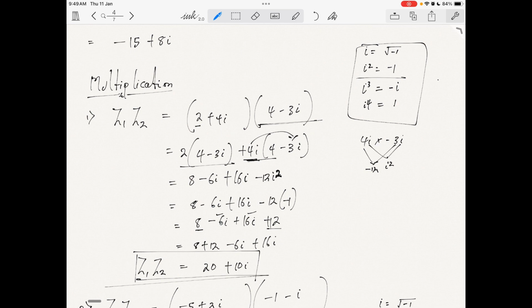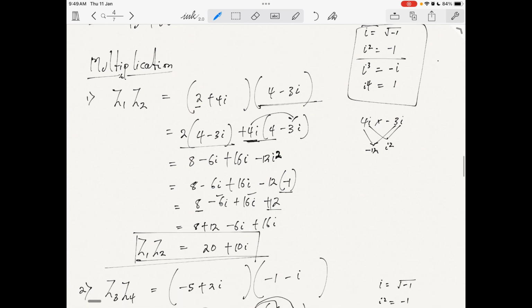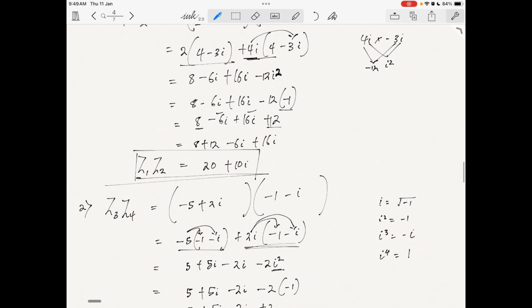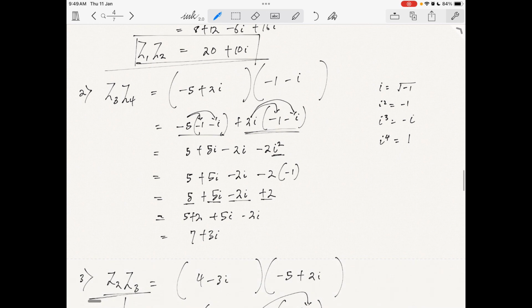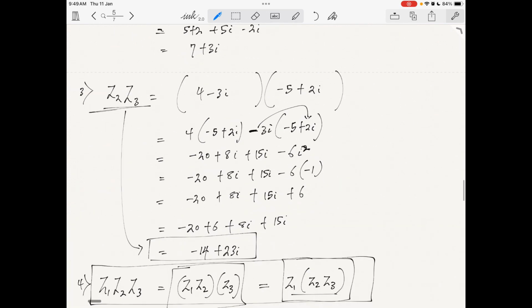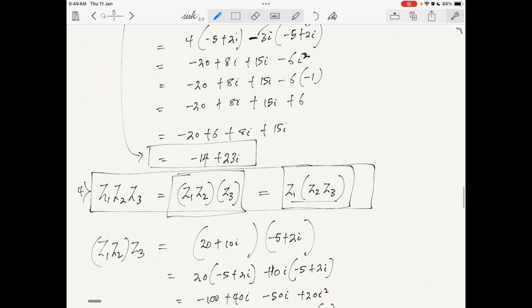So we substitute our i squared back into the equation, and once it is substituted back, we can simplify further, bringing the real terms together and the imaginary terms together. So we evaluated z1 z2, z3 z4, z2 z3, and then z1 z2 z3.